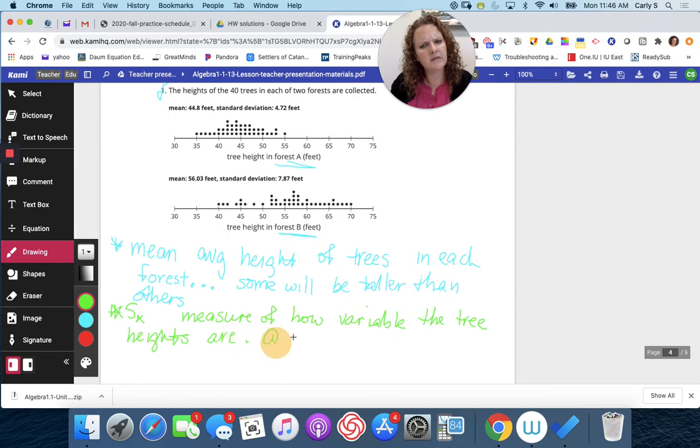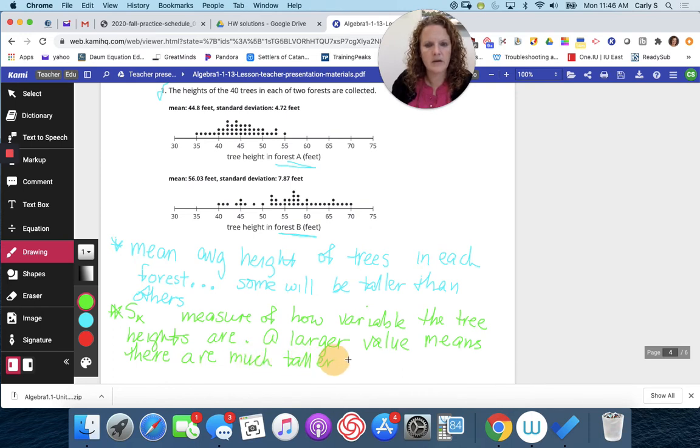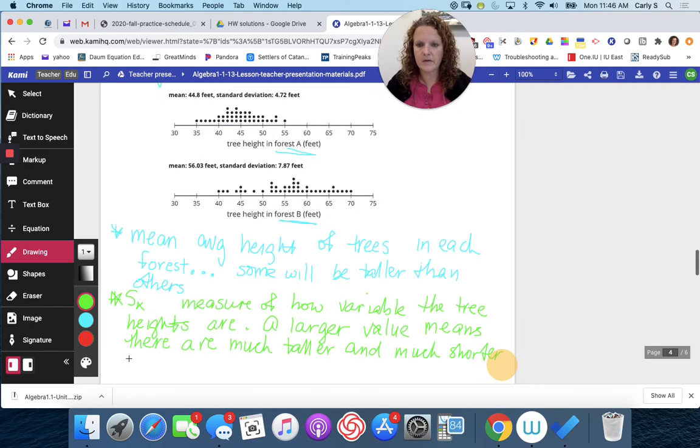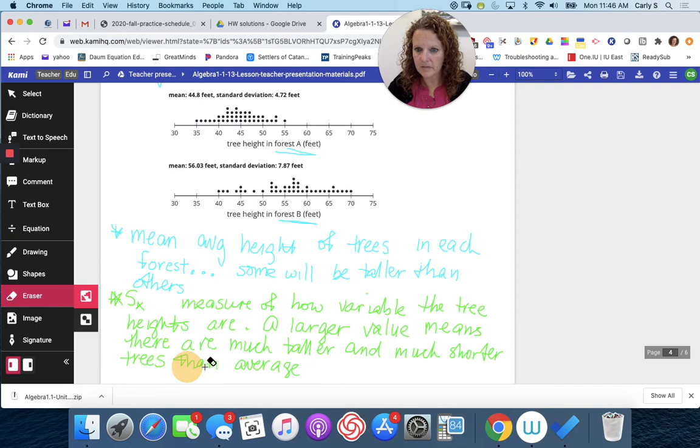Now what's that mean? If we have a larger value, it means there are much taller and much shorter trees than average. That got a little messy.